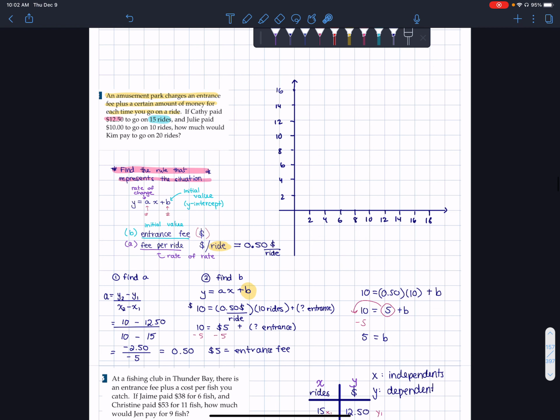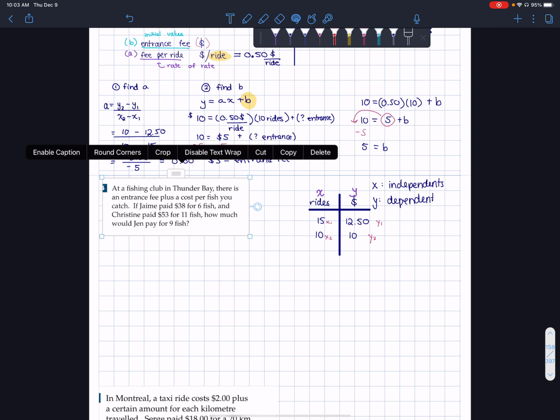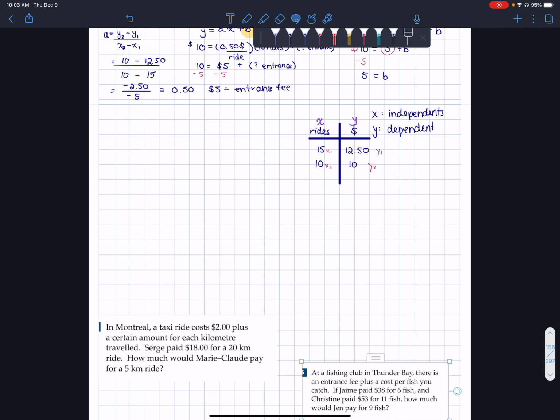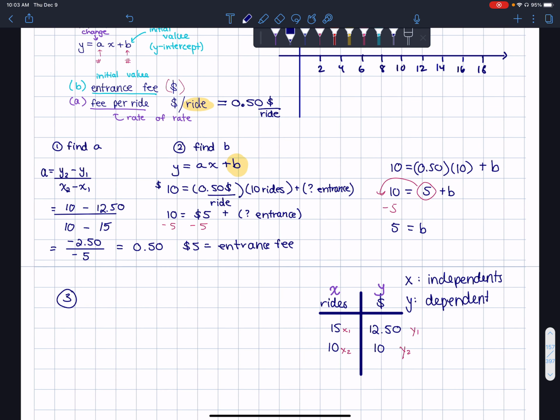So now you have your rule. You found your A, you found your B. So you can now solve for any amount, and I'm just going to move this so I have more space to work. You can now solve for any amount of rides, how much you're going to spend at the amusement park for any number of rides, because you now can do step 3, which is write the rule.